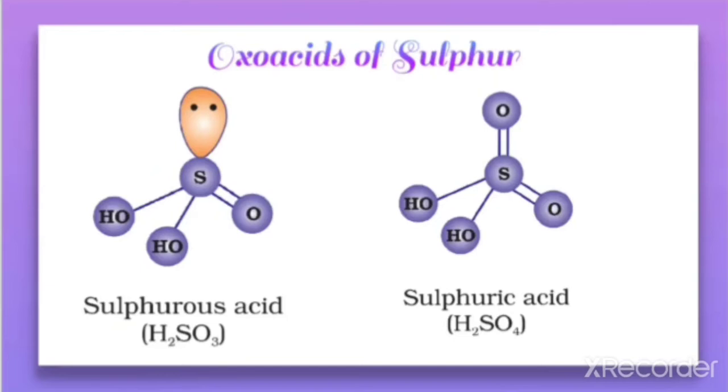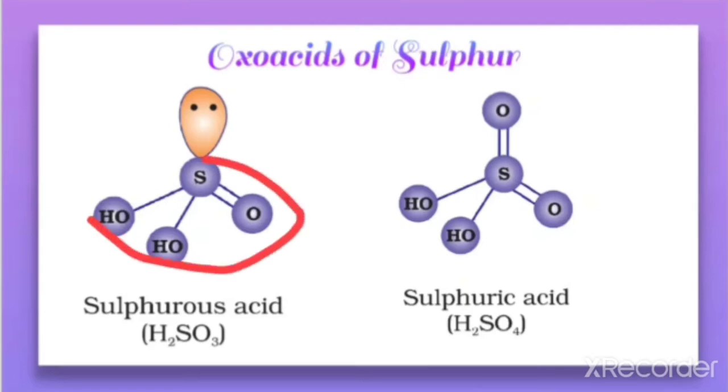First of all, sulfurous acid and sulfuric acid. When you look at the structure, sulfurous acid has the formula H2SO3 and sulfuric acid H2SO4. The central atom is sulfur. Here there is one lone pair and one double bonded O, but in the place of the lone pair here there are two double bonded O, which is how you can distinguish these two structures. There are two OH in each.